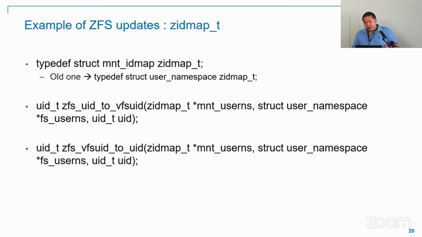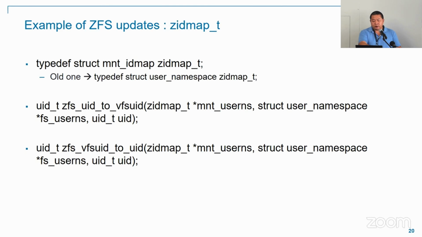We have already done that, and now we do it in a new typedef. So basically, we define our ZID map type definition, which is basically the same as the mount ID map type structure, which is hidden. But there's no way to use a hidden structure, so we define this mount idmapped structure in our header file. It's no big deal. Just two fields.